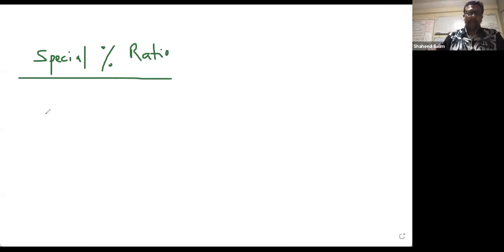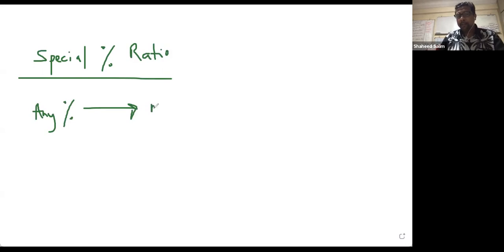This is basically any percentage that is related to numbers. If you know this, you can use it, because some of you think you only need to use 100%. I'll show you in a moment.